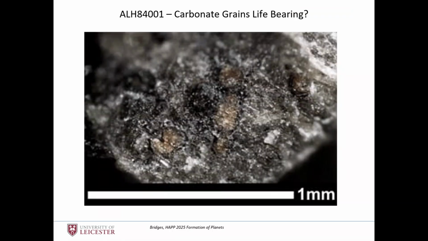Now, you may have heard about Allen Hills 84001. It was found in 1984 in Allen Hills meteorite field in Antarctica. And this was a source of great controversy. This was about when I was starting off in the mid-90s. There were two brothers at the NASA Johnson Space Center, the Mackay brothers, Chris and David.